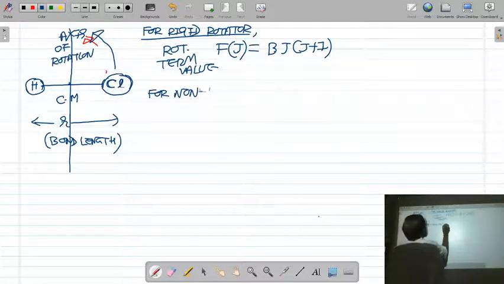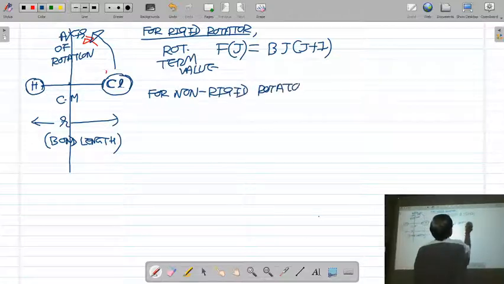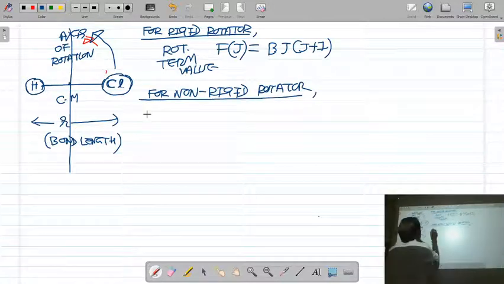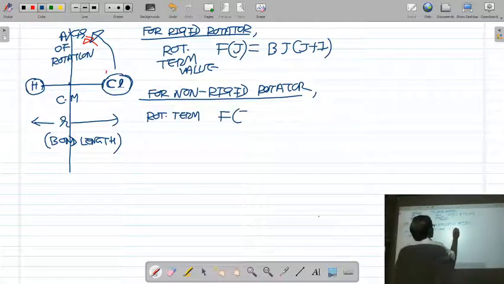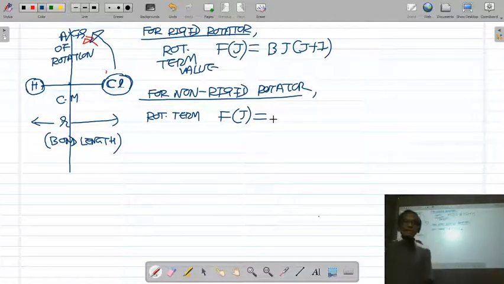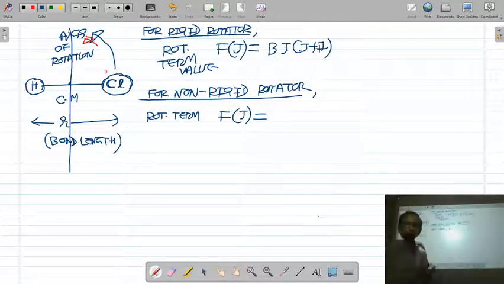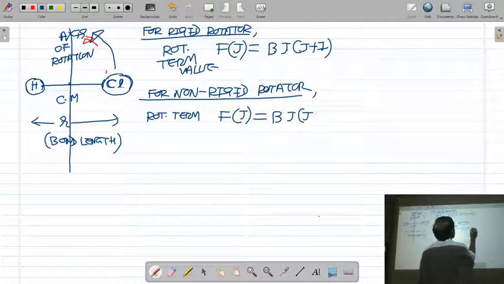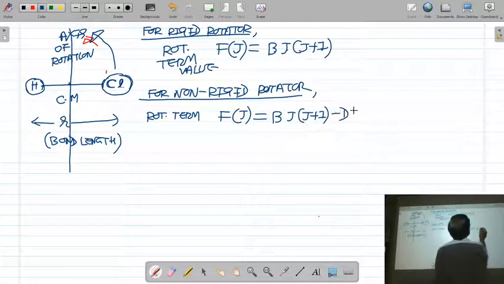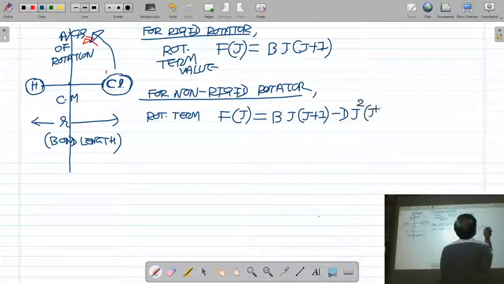For a rigid rotator, the rotational wave number is Bj(j+1). But for a non-rigid rotator, the rotational term is different. It is given by Bj(j+1) minus D J squared (J+1) squared.